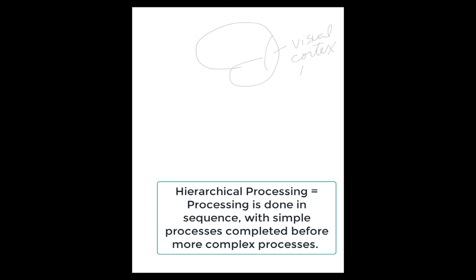Now let's take a look at hierarchical processing. A good example of that happens in the visual cortex with those feature detecting cells. Remember, there are three types of cells that detect orientation, movement, and size, right? I'm just going to look at those three: the simple cells, complex cells, and end-stop cells.